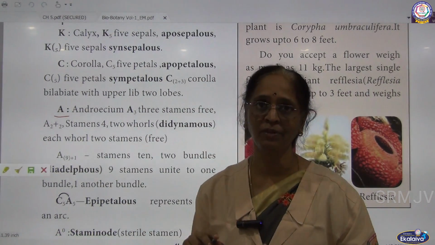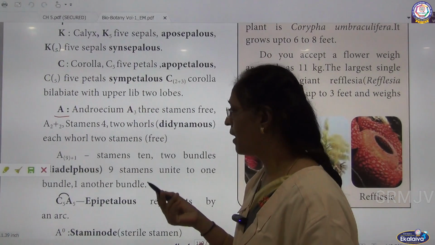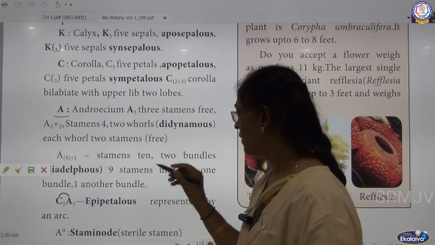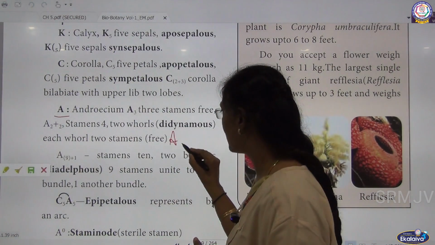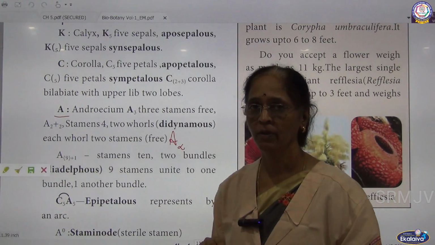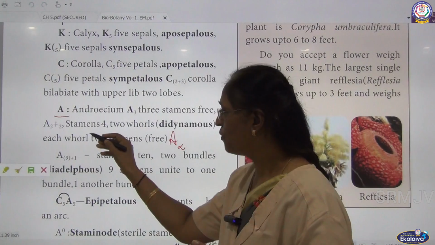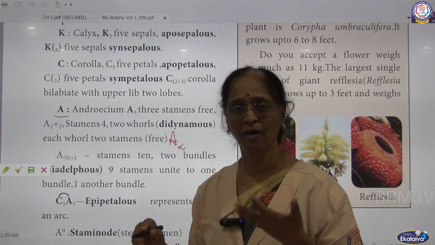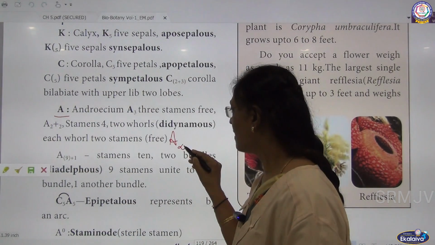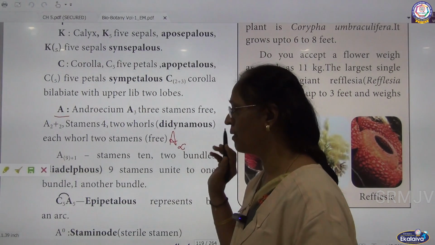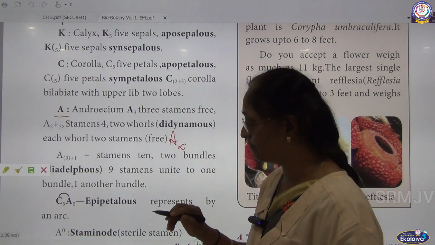This is the didelphous stamen, and if the number is more, then you will represent it as an infinite number. So, it may be 2, 4, or if fused, you will put it inside the bracket. If they are free, you will leave it like that, and if it is more than that number, you will put infinite number.